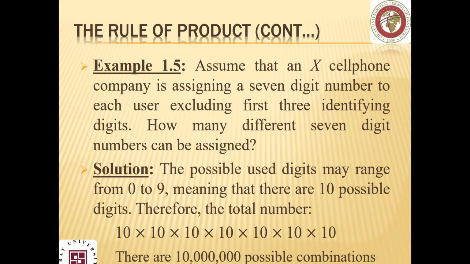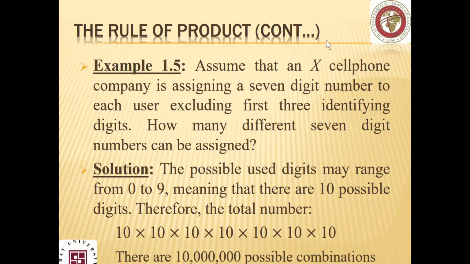Okay. Let's go to another example, and this one has an exception, but I will explain it in a while. Let's assume that we have a cell phone company, a cell phone operator, whatever operator you think about, and this operator is assigning 10 digits for each user or customer.